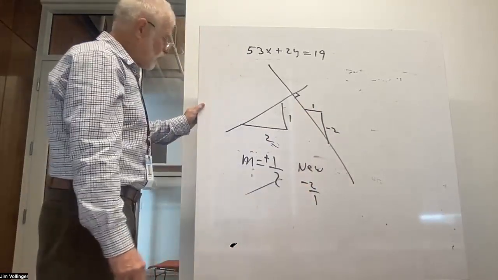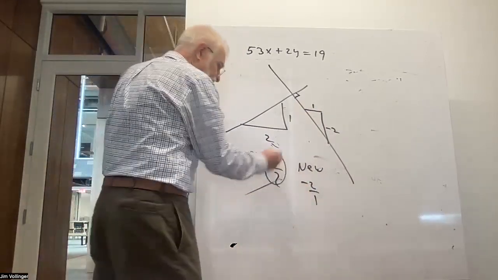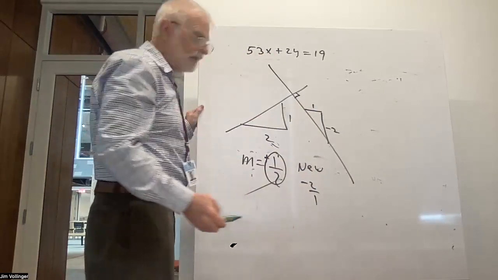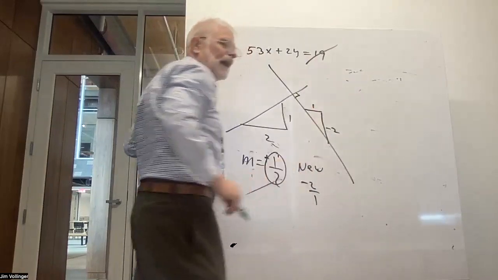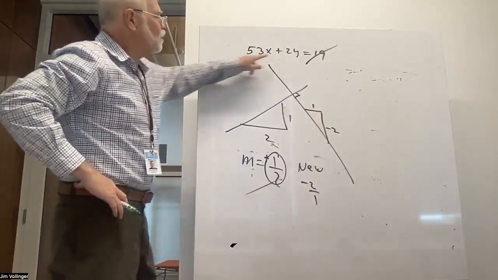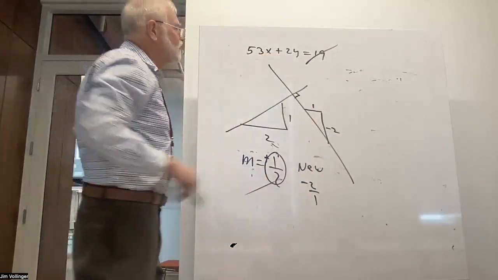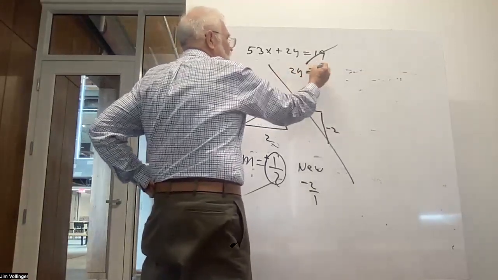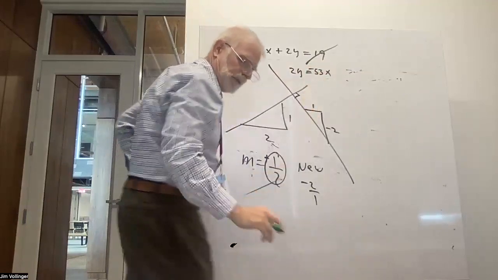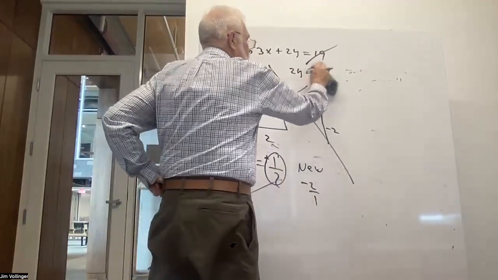Interesting. So I guess this hinges on finding the original slope of that line. And I don't think anything here has anything to do with a constant. It's the interplay of these two numbers, these two terms. And 2y equals minus 53x, maybe I should write that a little better.